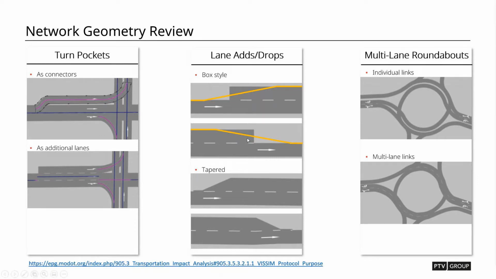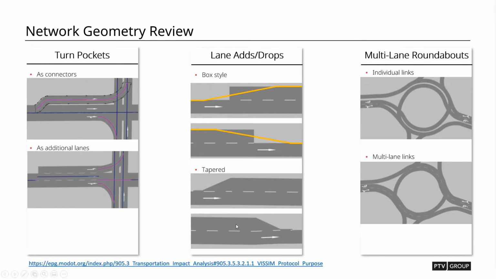Whereas the box method is going to be more akin to really short sudden tapers, for example, on arterials, where you have a turn pocket starting or an exit lane pocket that is ending. Something like that, you're probably going to see these boxing methods used a little bit more.